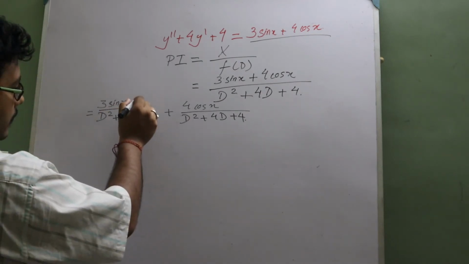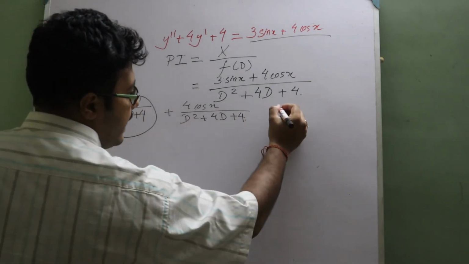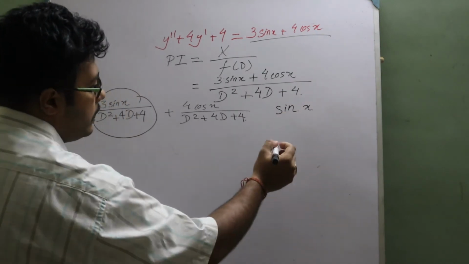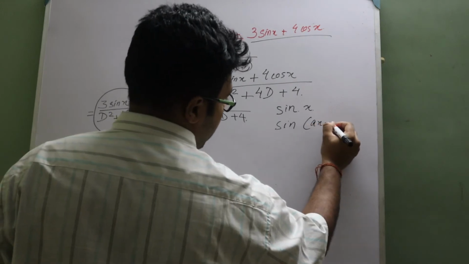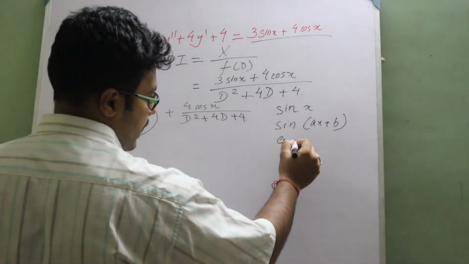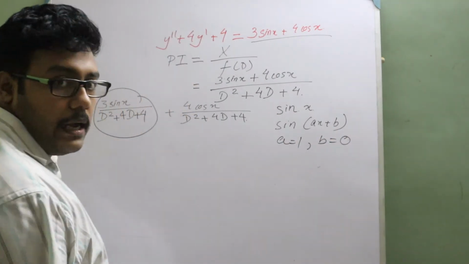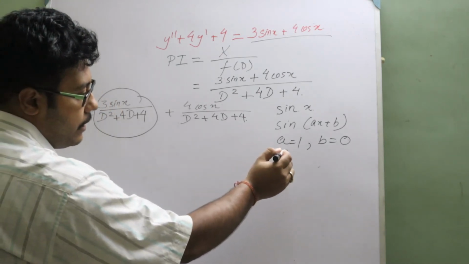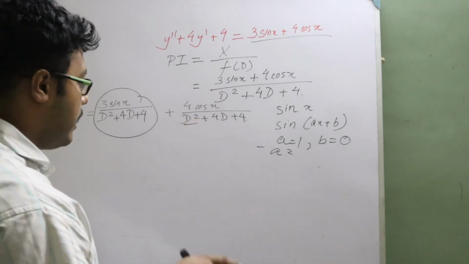Now for this part only, if we compare sin x with sin of ax plus b, what we get? a is equal to 1, b is equal to 0. And what I have told you previously is to put the value of minus a square in place of D square. So I am doing the same thing.